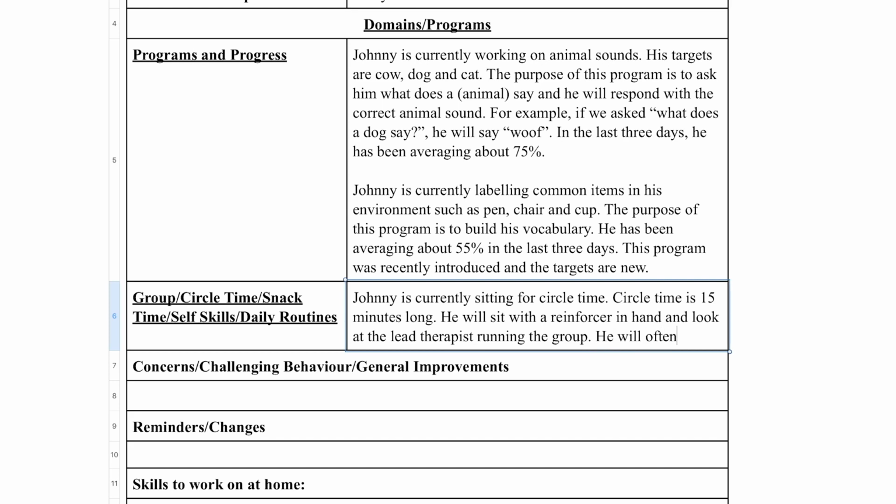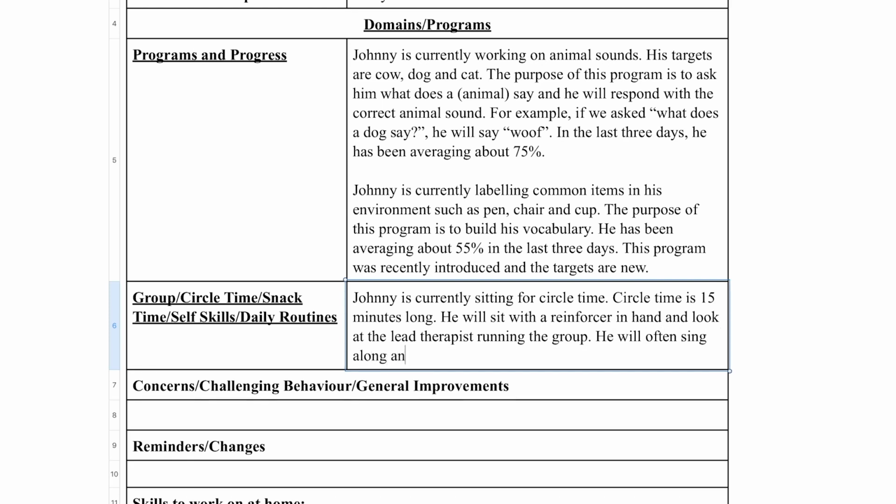He will often sing along and raise his hand to answer a question. All right. So that might be what's happening during circle time. So again, you want to write it in observable and measurable terms. You want to write it in a way that the client can almost imagine what he's doing in circle time.